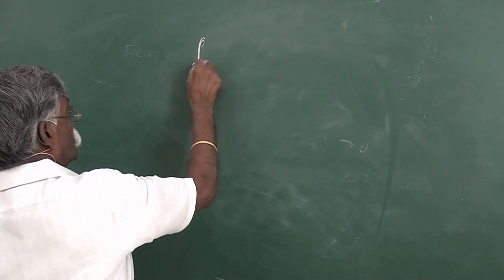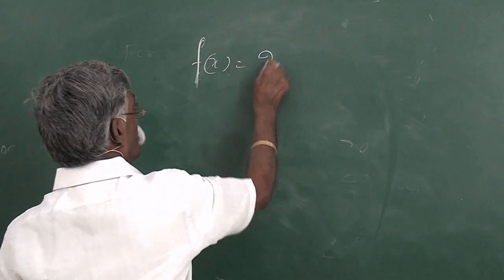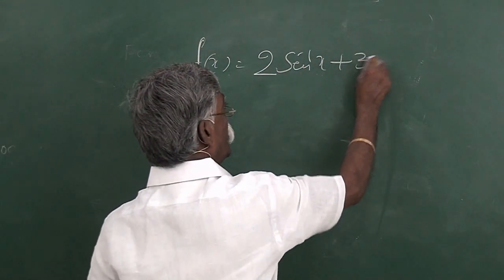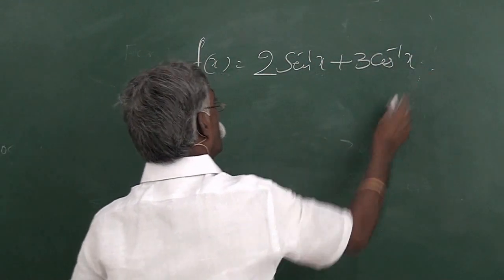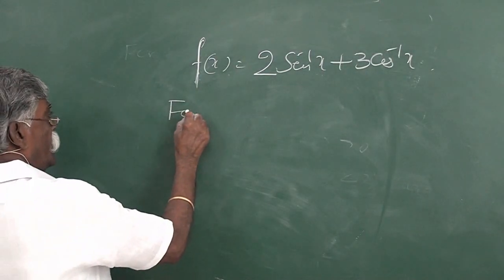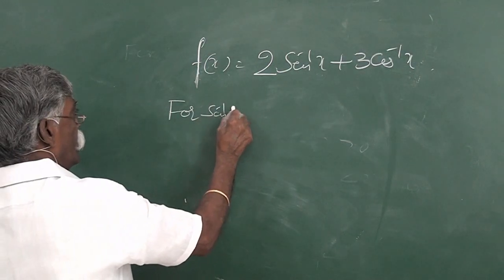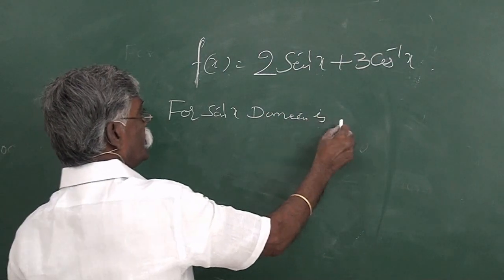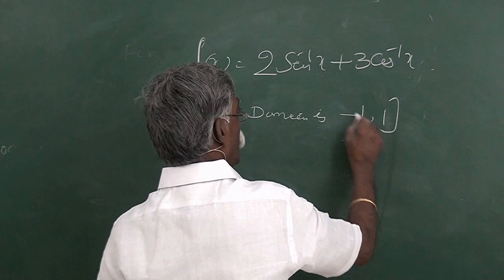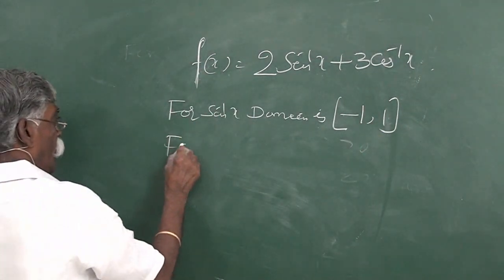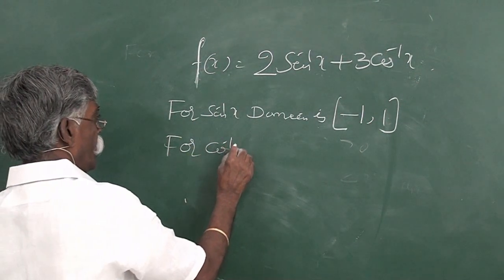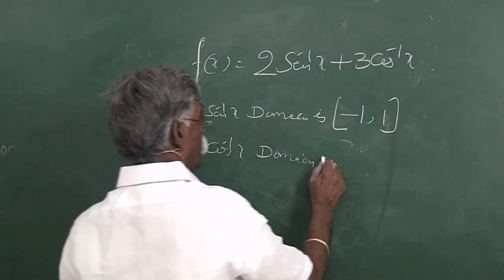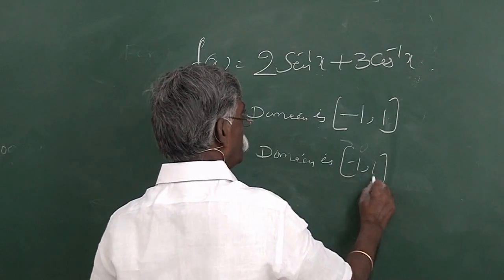Next, f of x is equal to 2 sine inverse x plus 3 cos inverse x. For sine inverse x, the domain is [minus 1, 1]. For cos inverse x, the domain is [minus 1, 1].